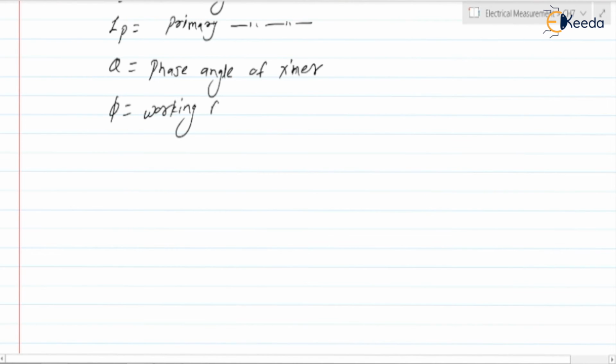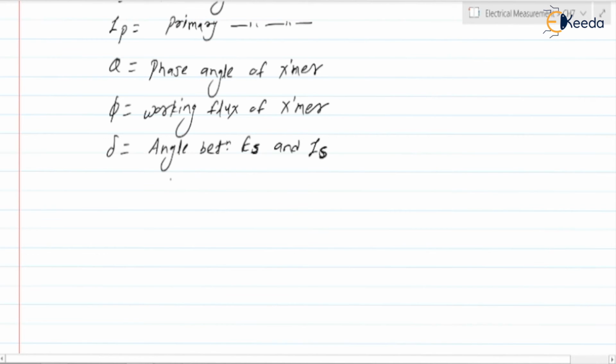Next, delta is the angle between secondary winding induced voltage, that is ES, and secondary winding current, that is IS.